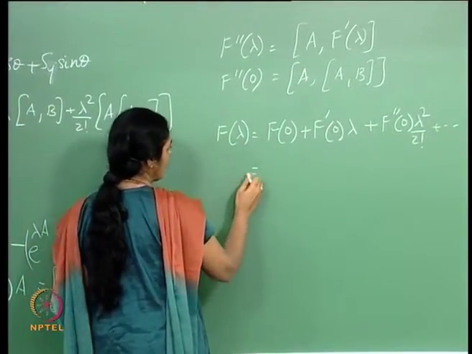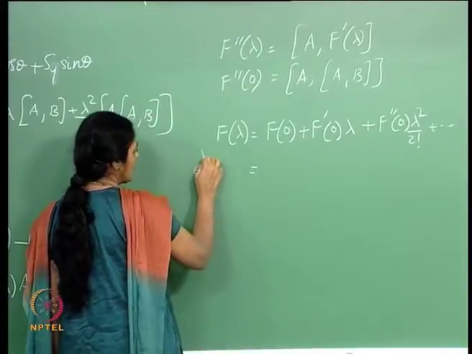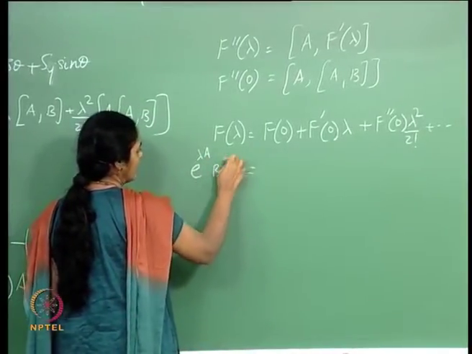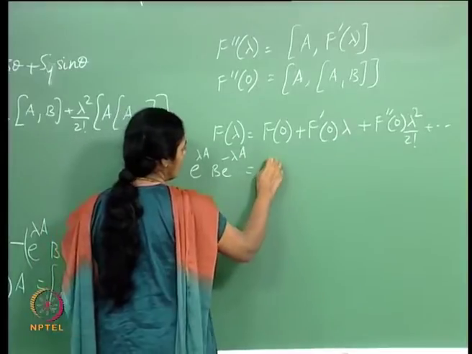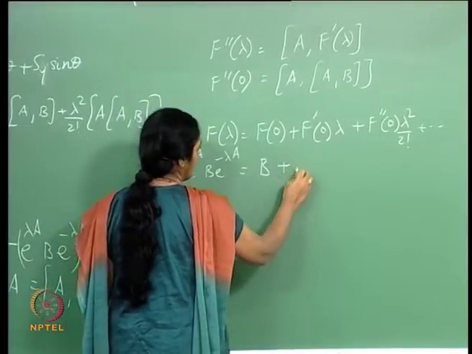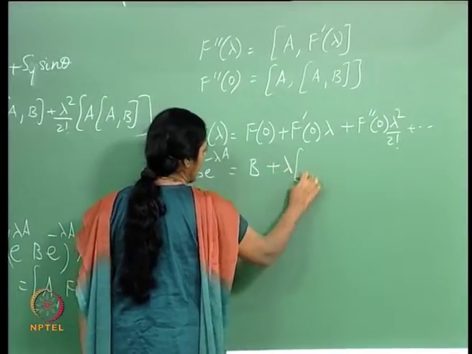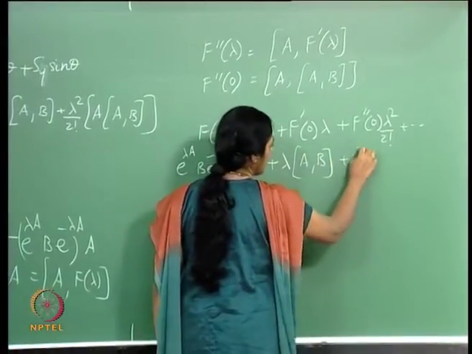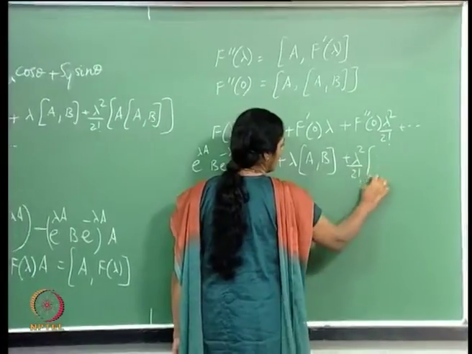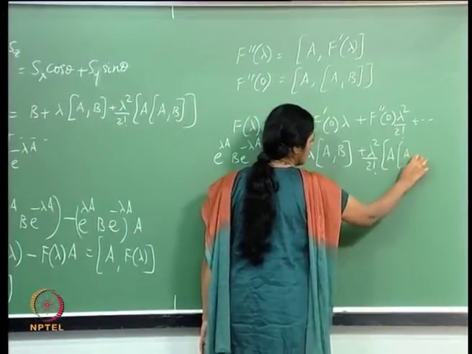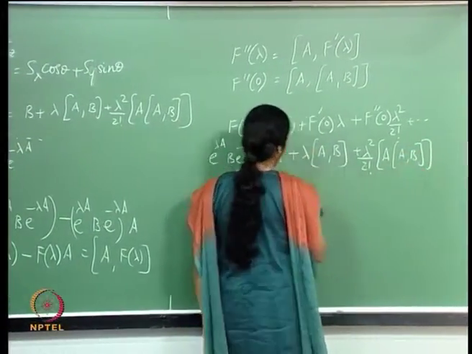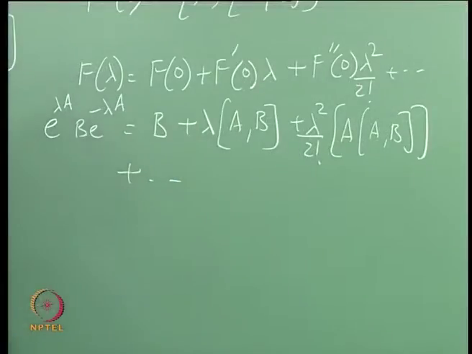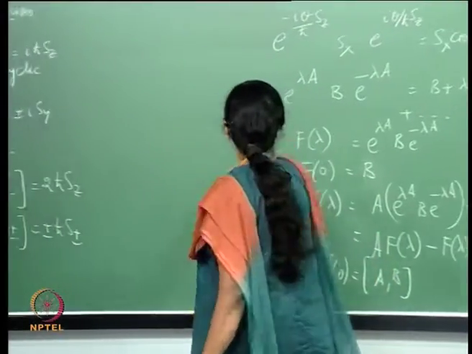Now, if I substitute, I get f of lambda, which is e to the lambda A B e to the minus lambda A, is equal to f of 0, which is B, plus f prime of 0 times lambda, which is lambda [A, B], plus lambda squared by 2 factorial f double prime of 0 plus so on, and that proves the point. So, this is the identity.